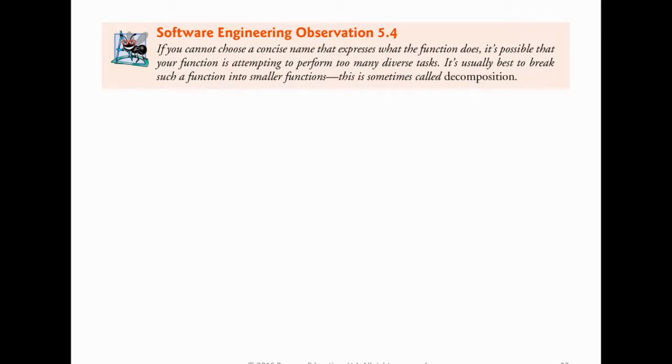And if you're doing one task, you should try to use a name that expresses what the function does, right? You should not name your function any random thing. If you want your code to be reusable, if you want it to be easy to work with, the name of the function should generally reflect what the function does, okay?